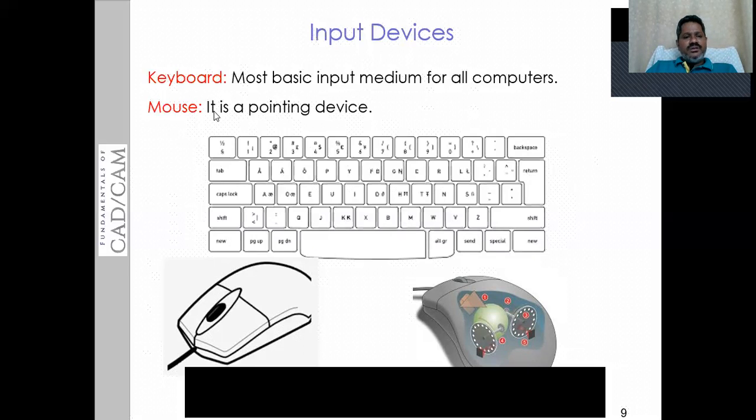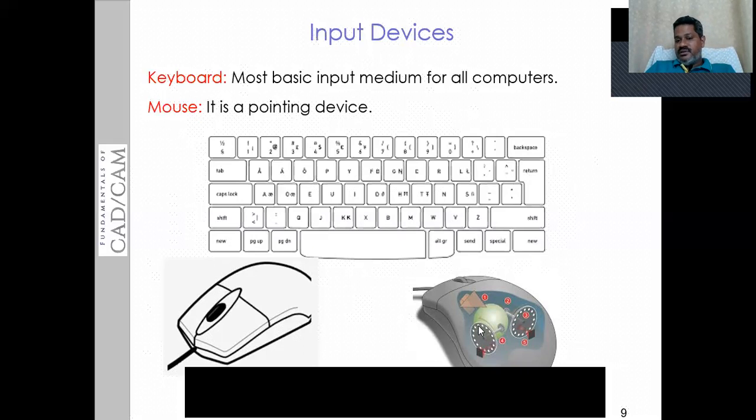Then you have the mouse. It is basically a pointing device. Whenever you want to operate some commands, the mouse is used to control the cursor on the screen. Mice are basically of two types: one is the optical mouse, and the other is the mechanical mouse.